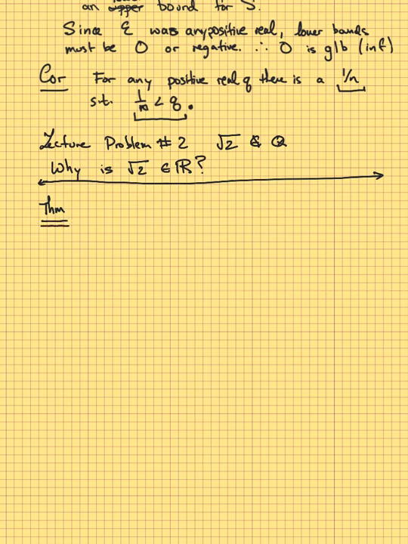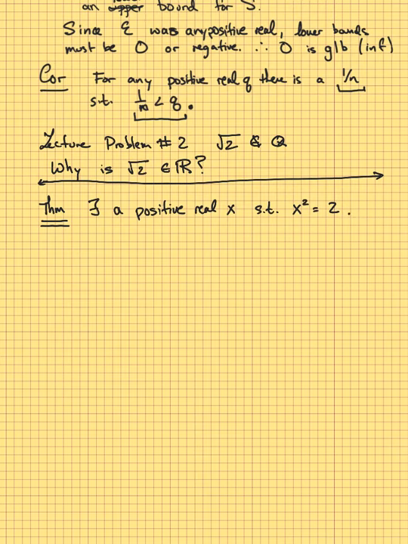Of course, we won't find 1.41 blah, blah, blah, whatever the decimal expansion is. But what we can say is that there exists some positive real number x so that x squared is equal to 2.